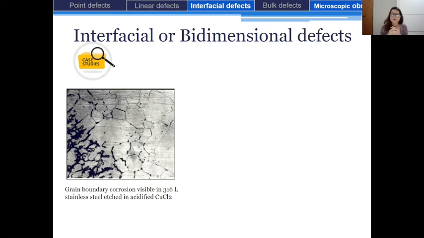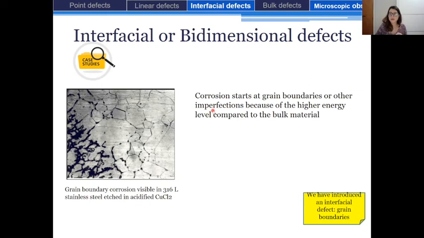For example, if we look at corrosion phenomena, we will observe that corrosion occurs particularly at the grain boundary, especially in the case of steel, stainless steel. This is due to the fact that the properties at the grain boundary are quite different from the properties, including the energy, of the material within the grain.